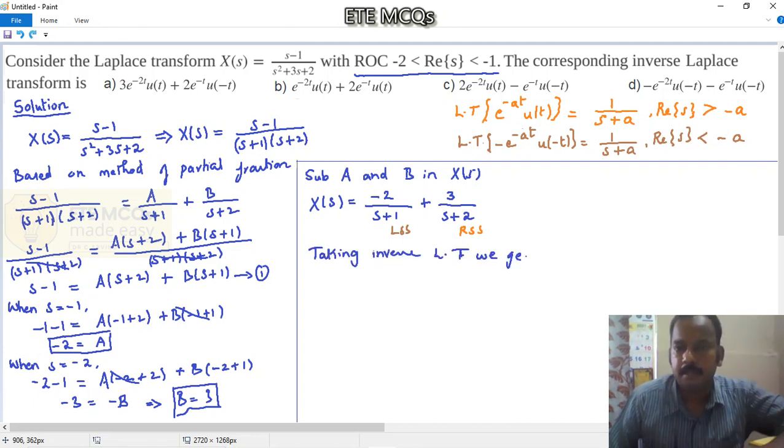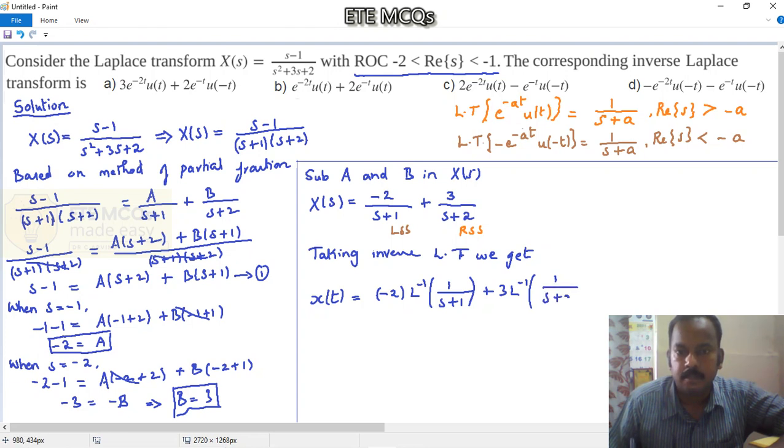Now taking the inverse Laplace transform, x of s becomes x of t, which is equal to minus 2, a constant, times the Laplace inverse of 1 by s plus 1, and then plus 3 times the Laplace inverse of 1 by s plus 2.